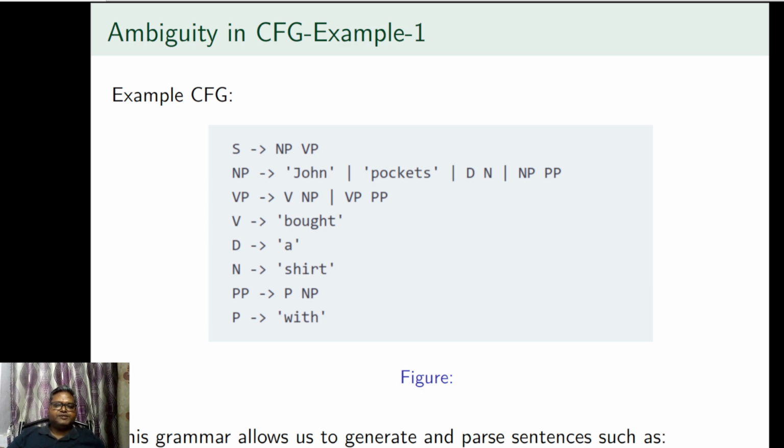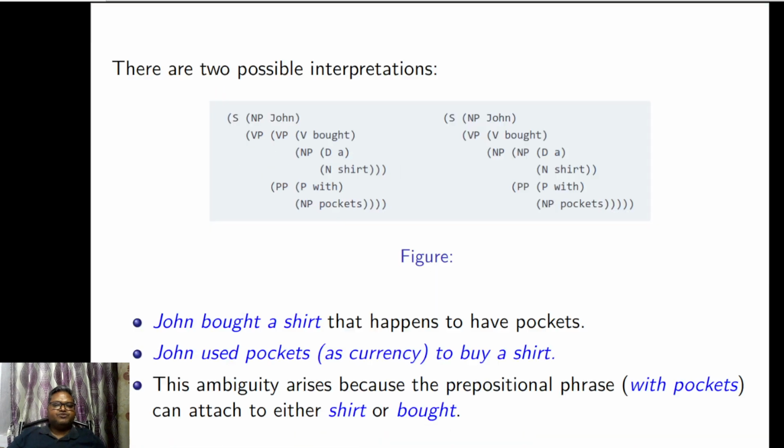Here we have a grammar, but still we have ambiguity, because this sentence has 2 meanings. In one meaning, "John bought a shirt with pockets" means with the money in his own pockets. This is the first parse tree.